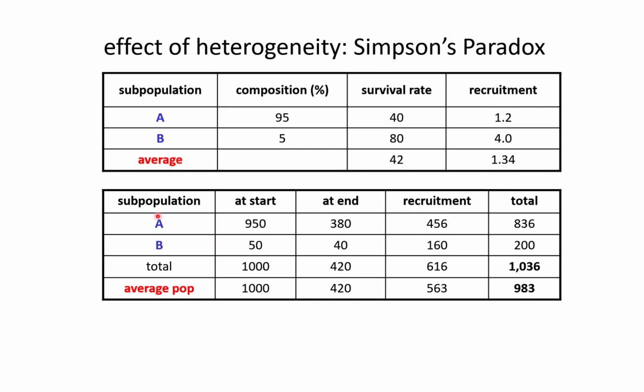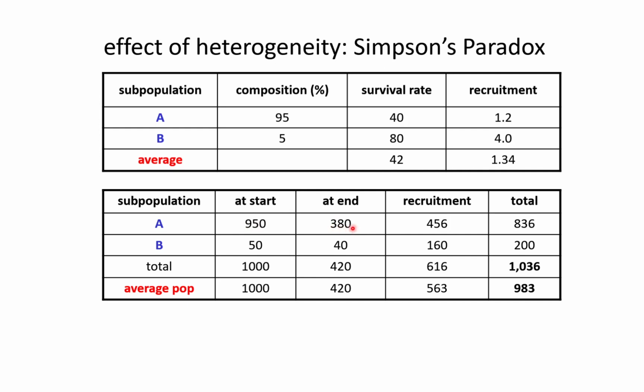Suppose that at the start in our population, we have 950 individuals that are type A and 50 individuals that are type B. They just happen to follow the 95% and 5% composition model from above. So 1,000 total individuals, of which 950 and 50 would be type A and B respectively. Given the survival probability for type A individuals, from those 950, we would expect to see 380 at the end of the experiment.